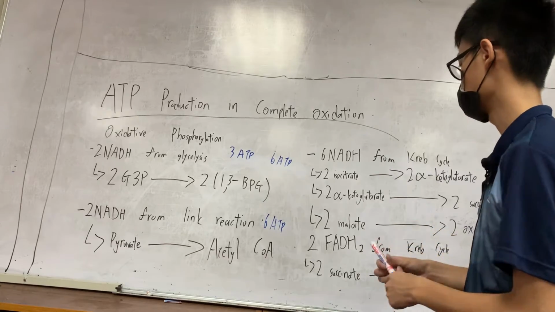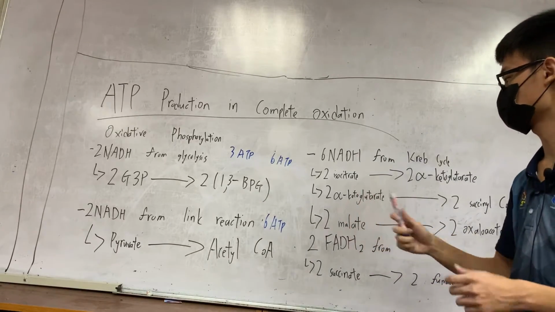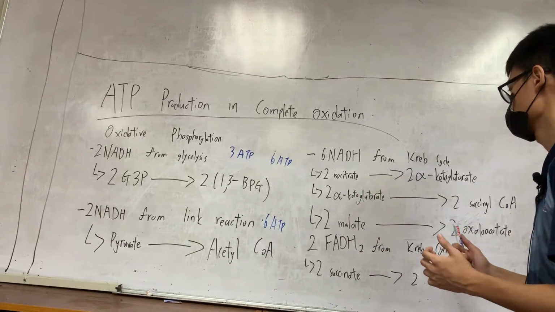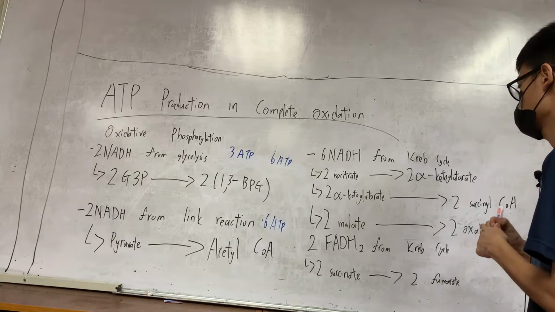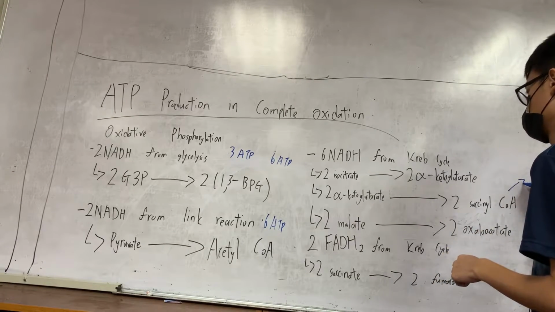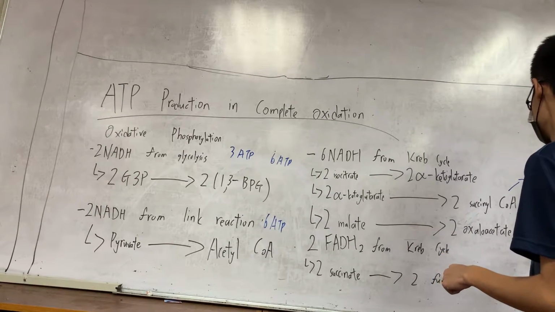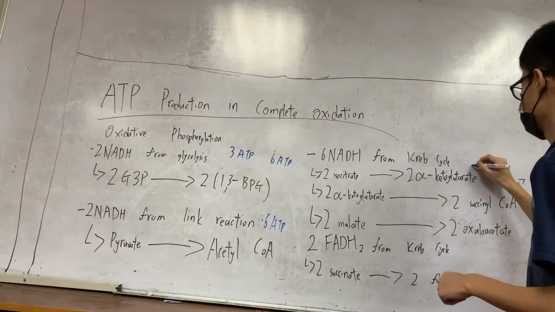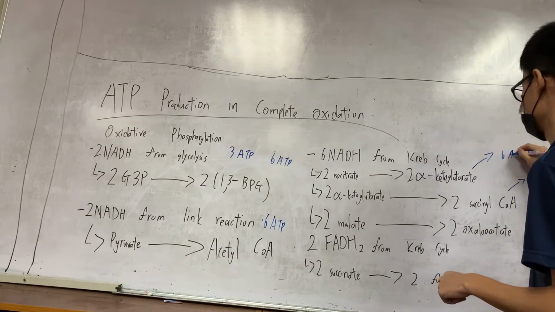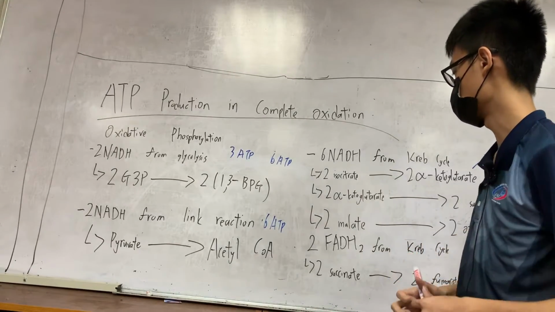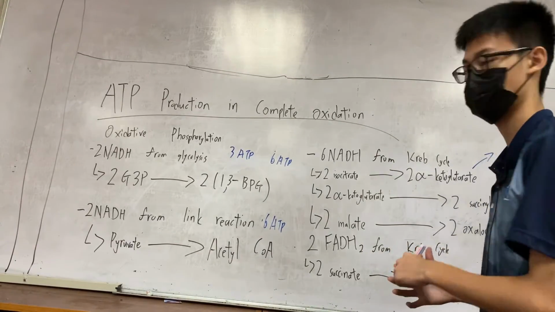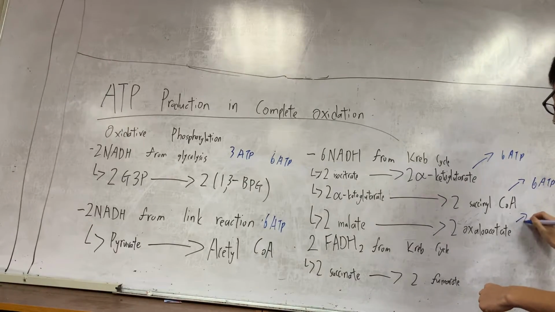And after this, the alpha ketoglutarate will be converted into succinyl-CoA. And this process will also produce 6 ATP, same as the process above, which is 6 ATP also. And eventually, we get the 2 malate converted into oxaloacetate, and will produce 6 ATP also.